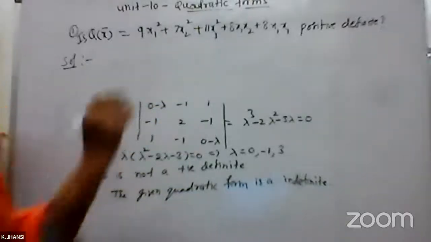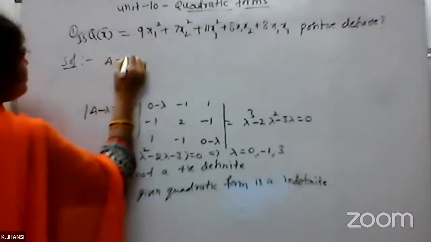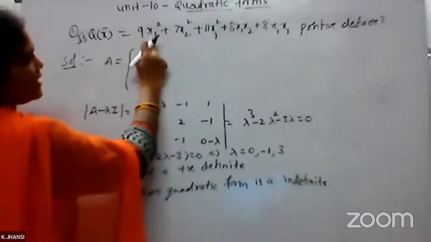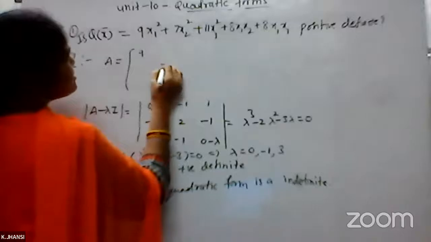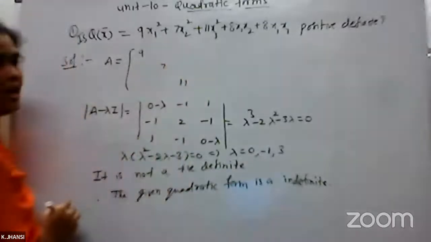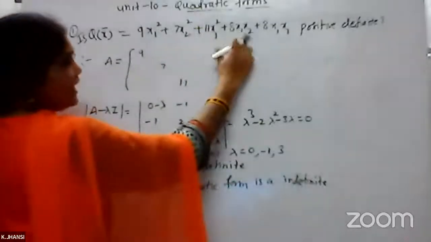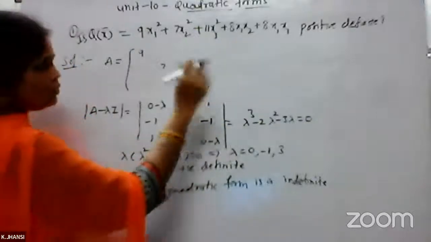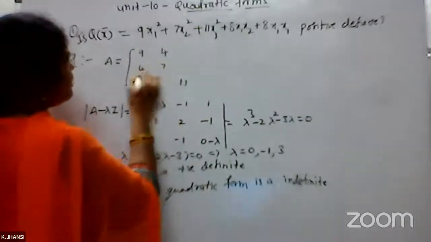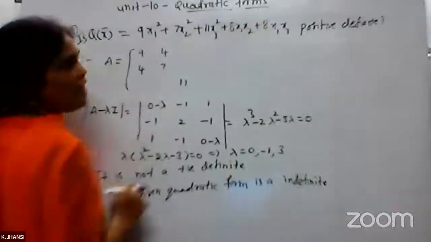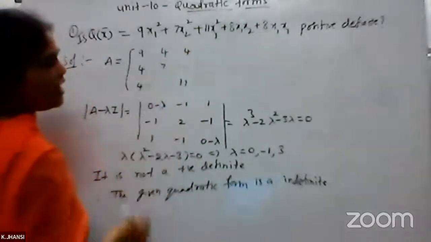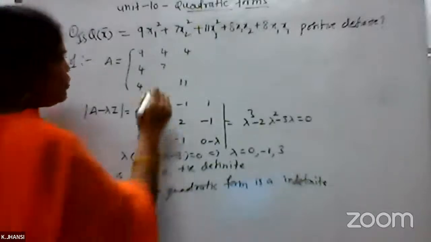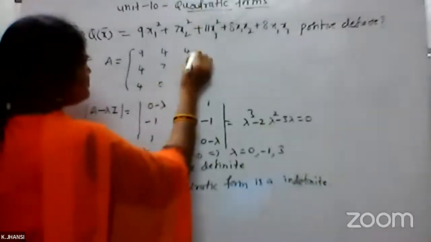So you write the matrix form. The diagonal is 9, 7, 11. Here 8x1x2 we have to divide by 2, so you will get 4 and 4. Next we have x1x3, so here 4 and 4, but we do not have an x2x3 term, so both values are 0.